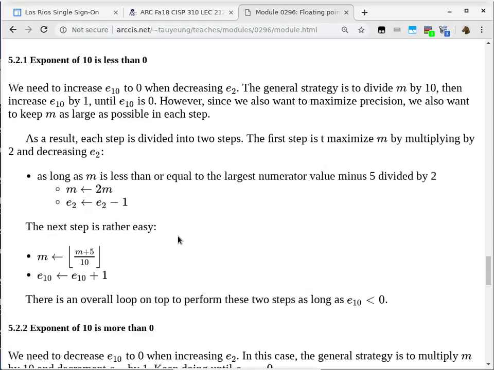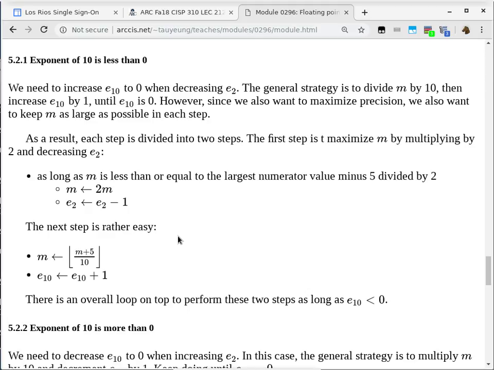But if we keep adding 1 to a negative exponent of 10, eventually it will get to 0, don't you think? So that approach does work. That's what the first paragraph is saying. We need to increase E10 to 0 because it's negative to begin with, while at the same time decreasing E2. So those two kind of have to trade places, okay?